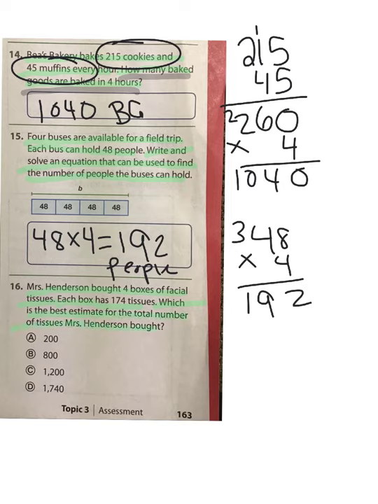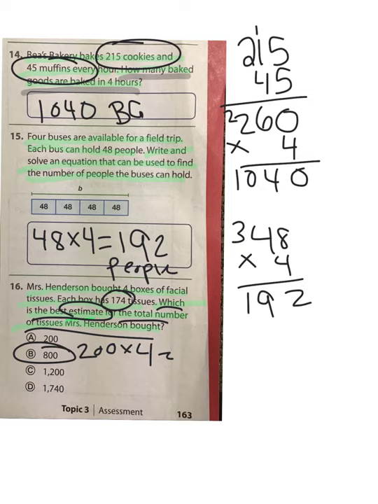We want to know which is the best estimate for the total number of tissues. So I would take 174 and round that to 200 times 4 boxes, which would give me 800 as the best estimate.